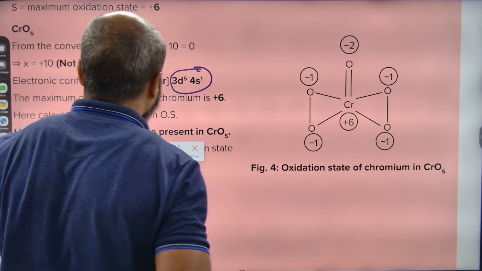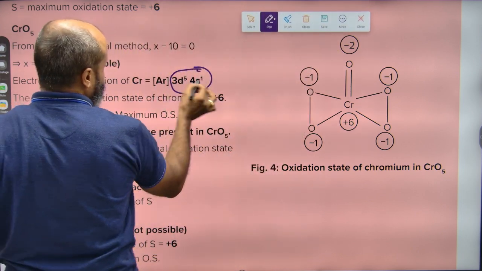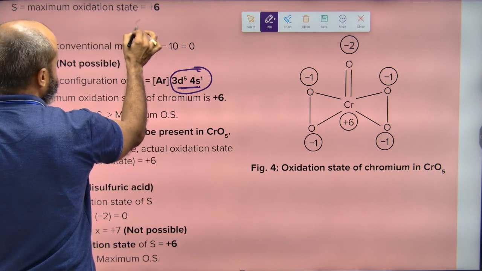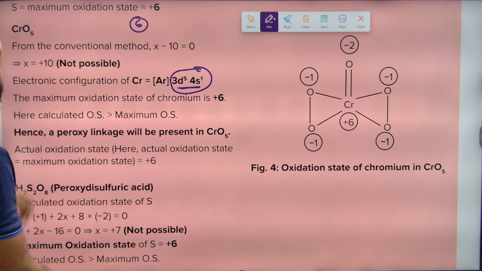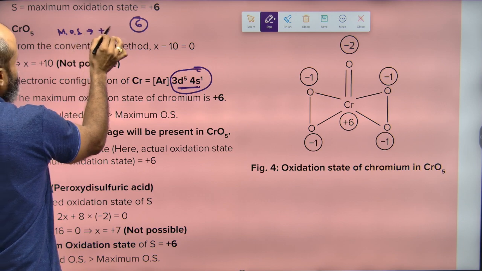So the number of electrons in the outermost orbit of chromium is 6, and the maximum oxidation state of chromium would be +6.